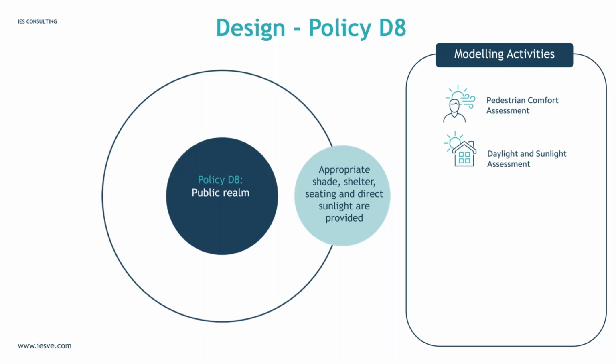The policy is intended to inspire the design teams to ensure the appropriate shade, shelter, seating, and where possible, areas of direct sunlight are provided with other microclimate considerations, including temperature and wind, to be taken into account in order to encourage people to spend time in a certain place. Again, I'll draw your attention to the rectangle on the right-hand side, which indicates the modelling services that can complement and assist in these requirements.